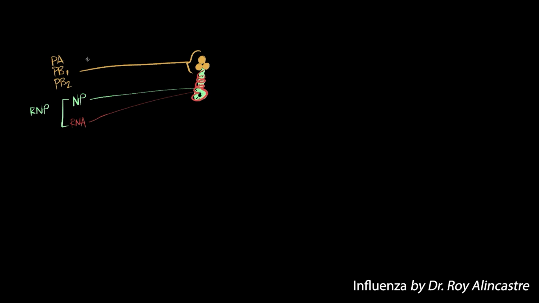These 3 proteins are important for replication because this complex is the RNA polymerase complex. It is responsible for converting the negative sense RNA into the positive sense strands so that they can be translated to proteins later in the host cell.